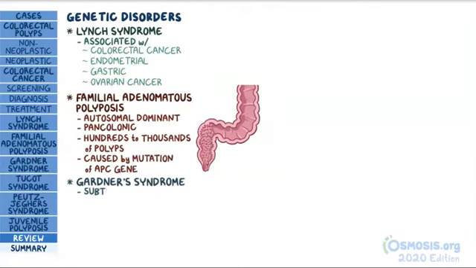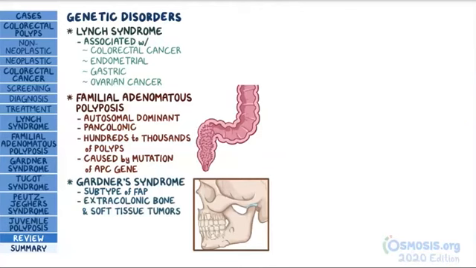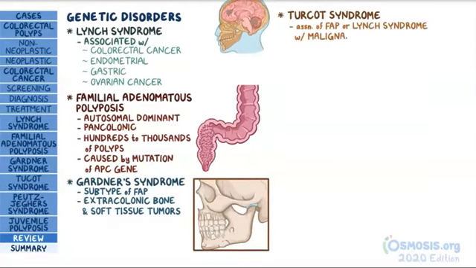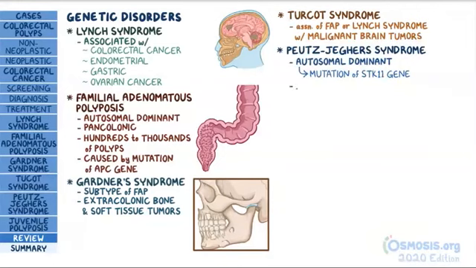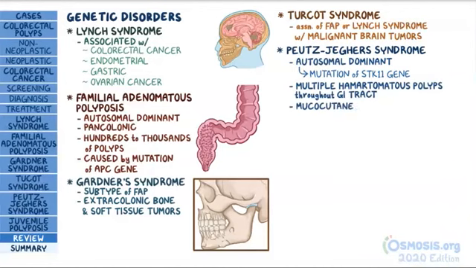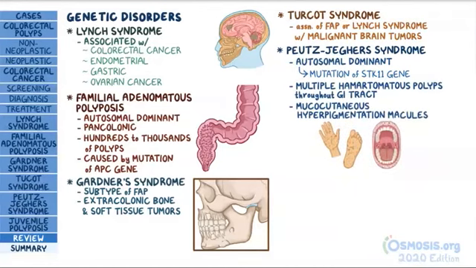Gardner syndrome is a subtype of familial adenomatous polyposis characterized by prominent extracolonic bone and soft tissue tumors, while Turcot syndrome can be described as the association of Lynch syndrome with malignant brain tumors. Peutz-Jeghers syndrome is an autosomal dominant condition caused by a mutation of the STK11 gene, and it's characterized by multiple hamartomatous polyps throughout the gastrointestinal tract and mucocutaneous hyperpigmentation macules.